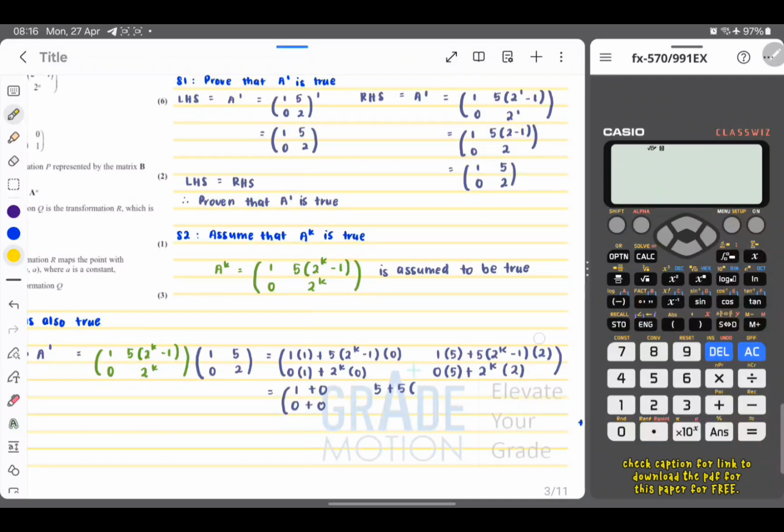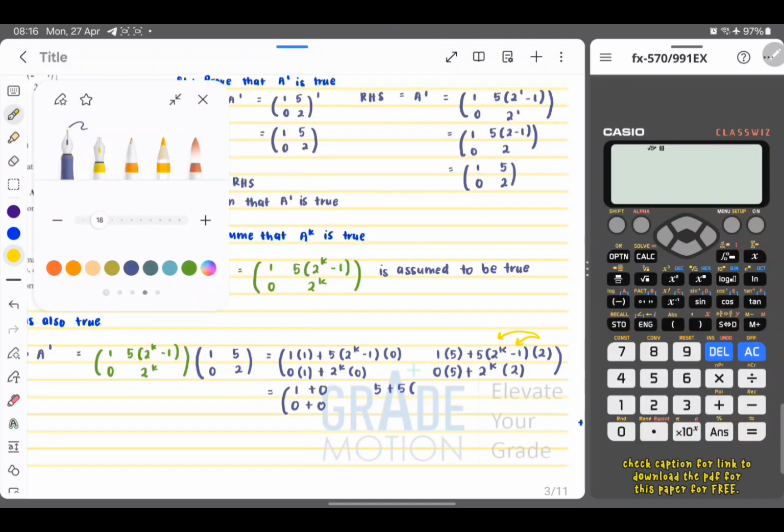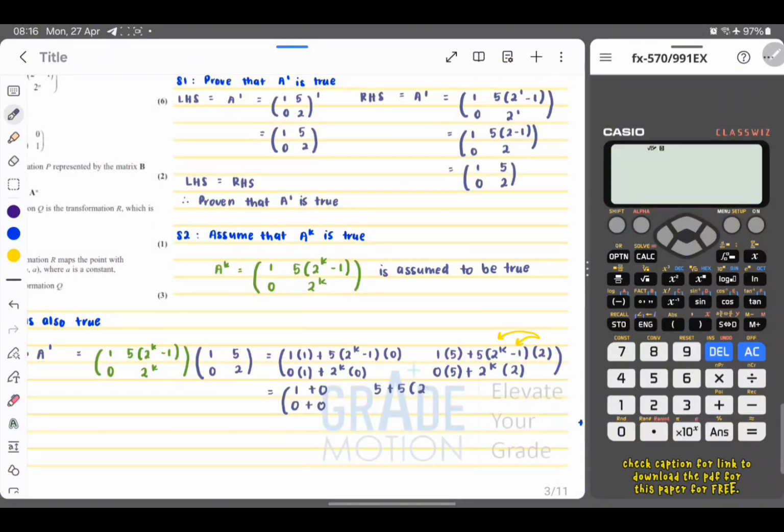So what I would like to do first is expand this one. So that would be 2 to the power of k plus 1 minus 2. Over here it will be 0 plus 2 to the power of k plus 1. That's it. That is our matrix.